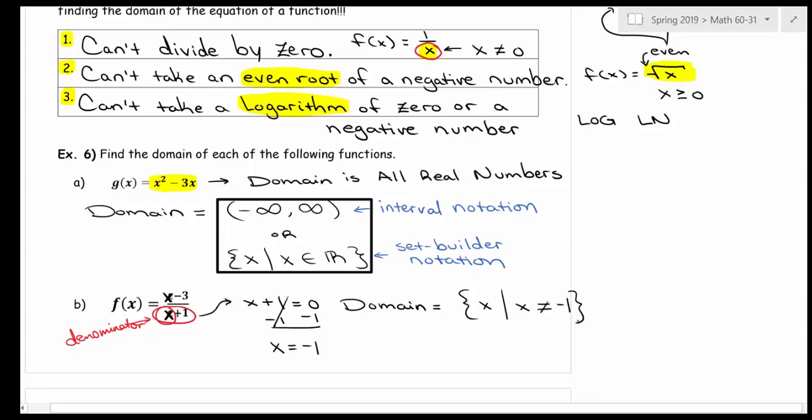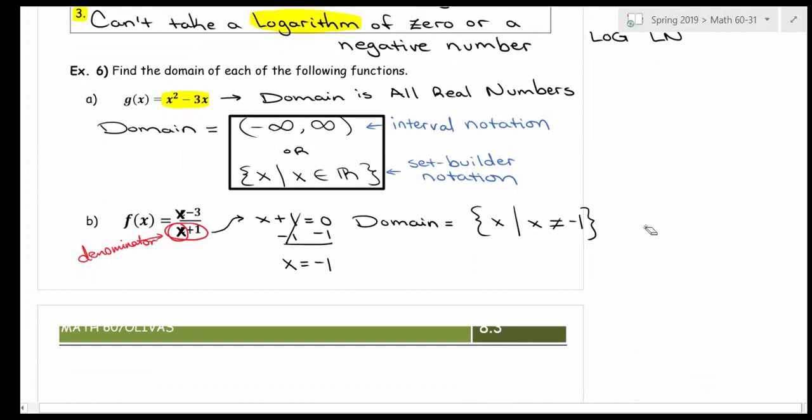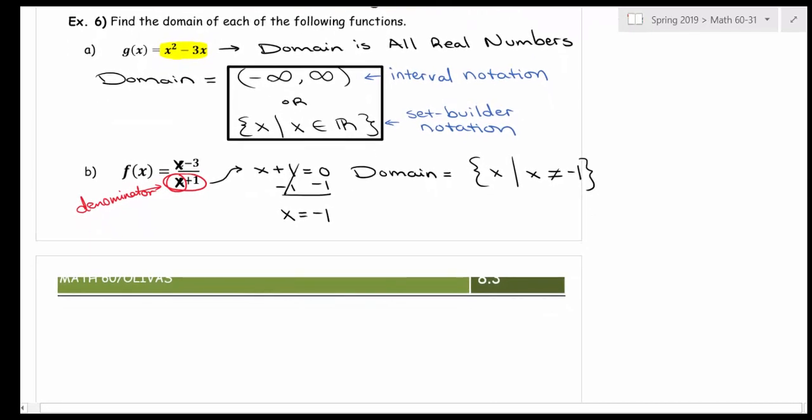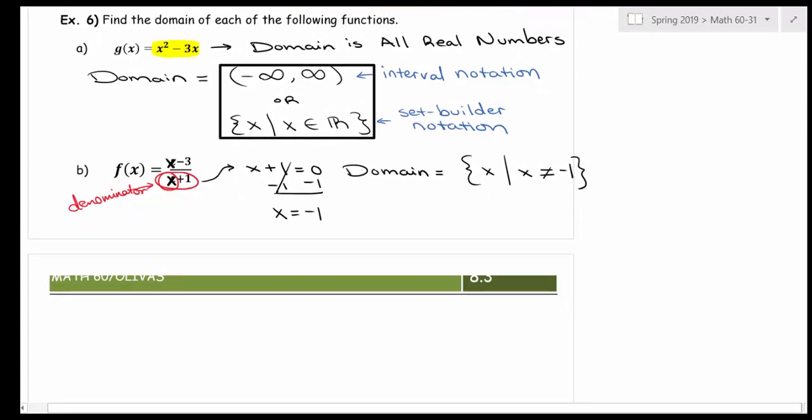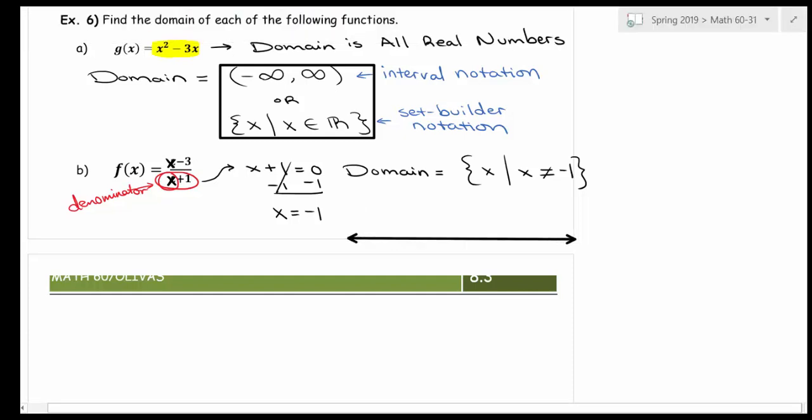Now, in order to write this in the interval notation, it might be helpful to have a graph. So I'm trying to see, maybe I've got some space down here where I can draw my graph. I think I can fit it right here. Here's negative 1. So this is basically saying that you cannot have negative 1.